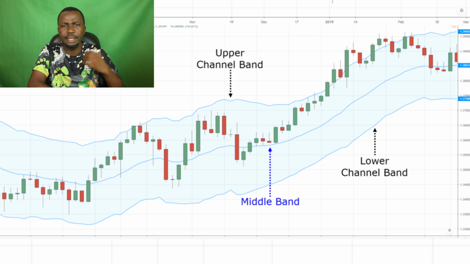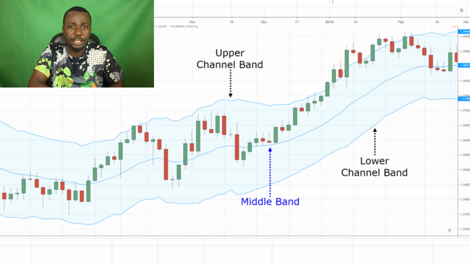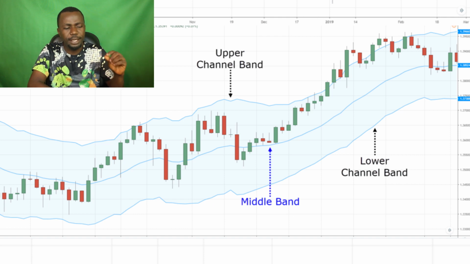Like I said previously, this indicator looks like a Bollinger Band, right? But the only difference between the Bollinger Band and the Keltner channel is the calculation. Like I said, the Bollinger Band uses standard deviation, while the Keltner channel uses average true range.